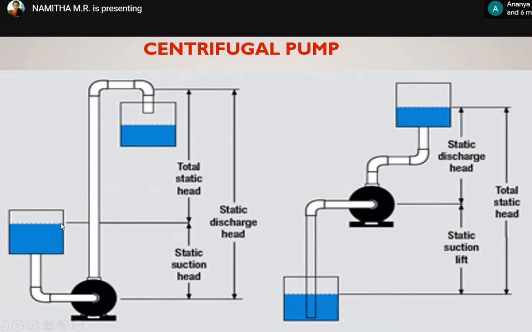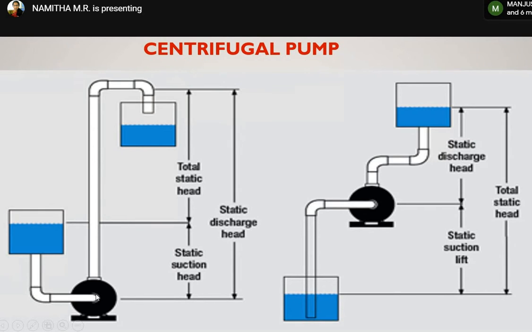So, the distance between the water level and the center of the pump is known as suction head, static suction head in that case. When the pump level is below the source water level, then the difference between the water level and the pump center is known as static suction head.